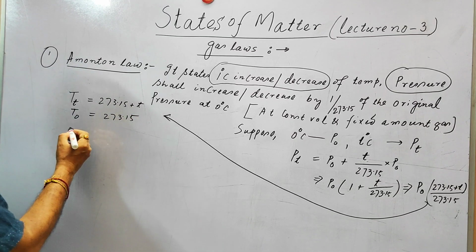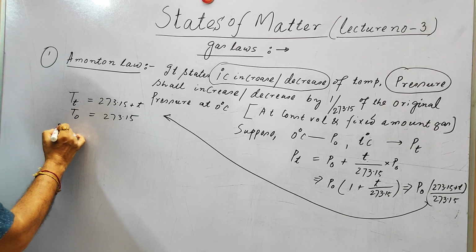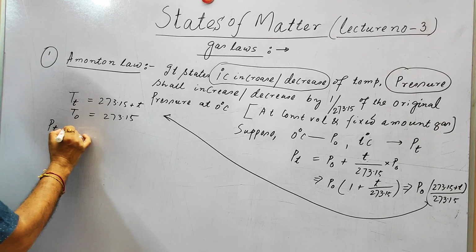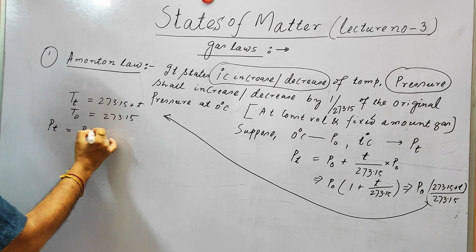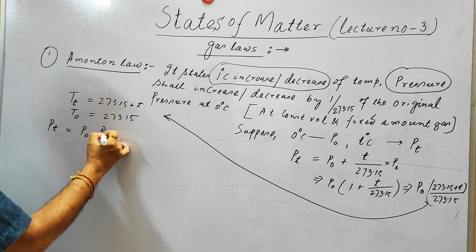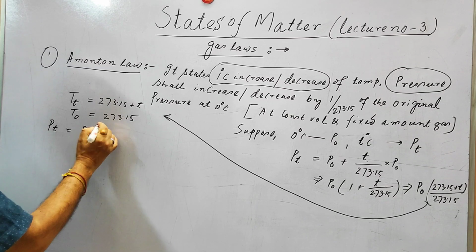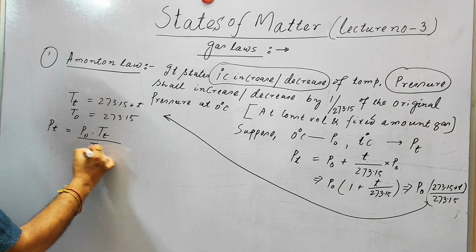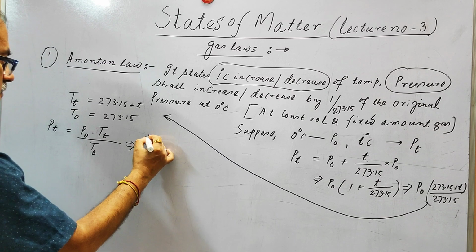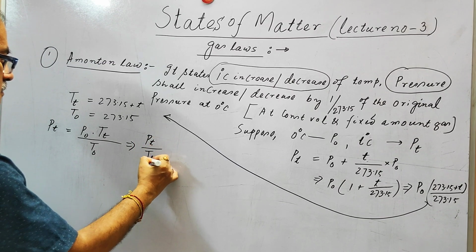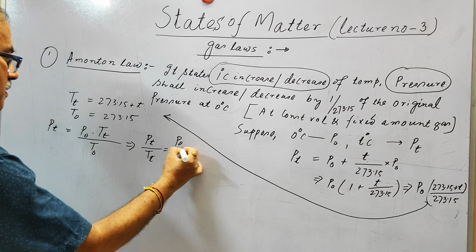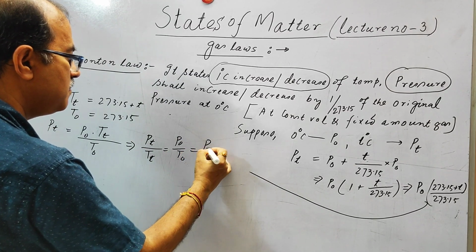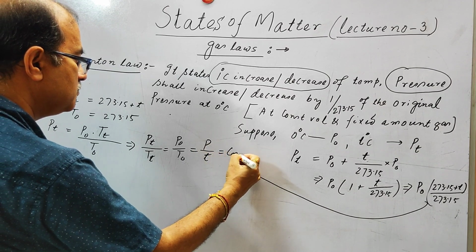So we can write Pt is equal to P0 into T by T0, or further P by T is equal to constant.